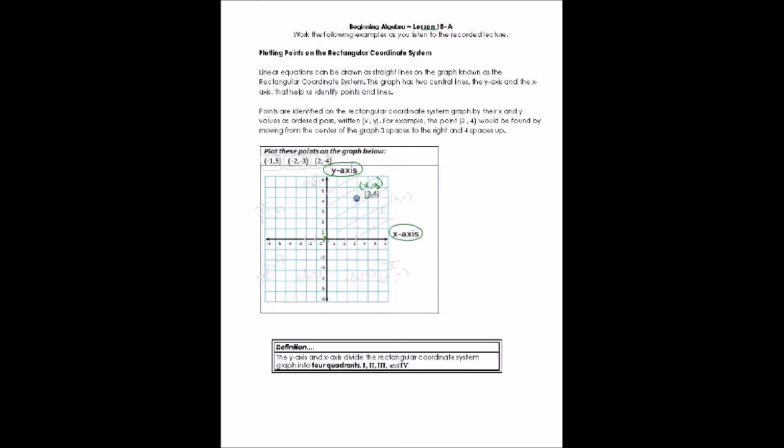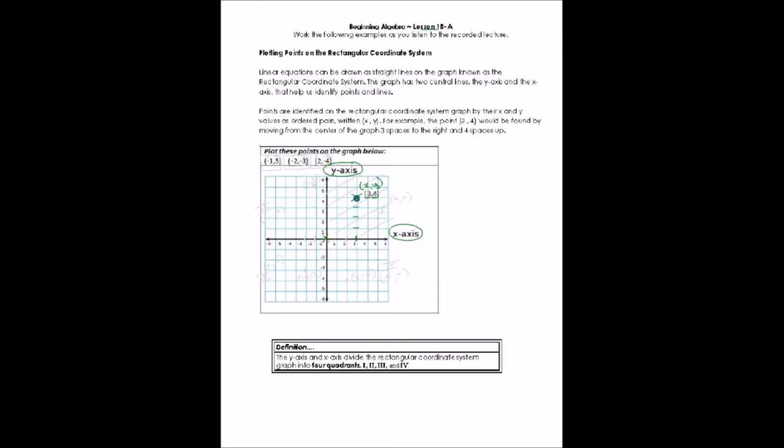So we would go 1, 2, and 3, and we'd end up right about here. And now we're going to go up because y is also positive, so we'll go in a y direction, which would be either up or down. We're going to go in a positive y direction. We'll go up 1, 2, 3, and 4. And there's our point. You can see it's already been graphed for us on this lesson, and it is point 3, 4.